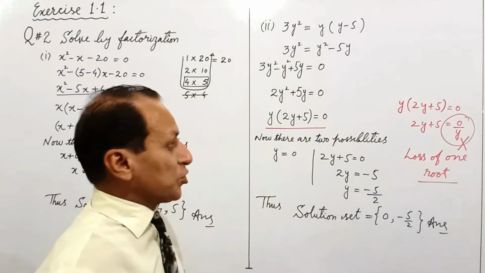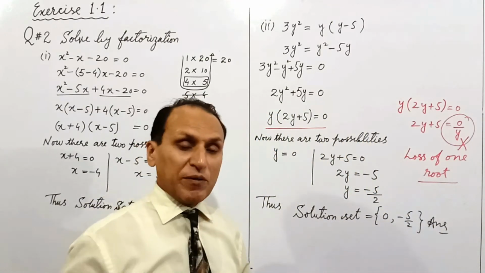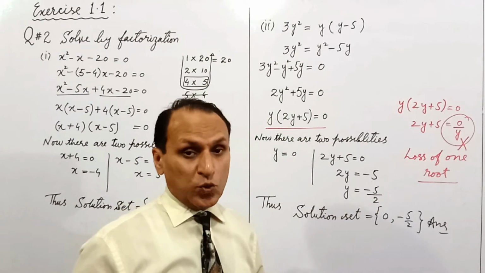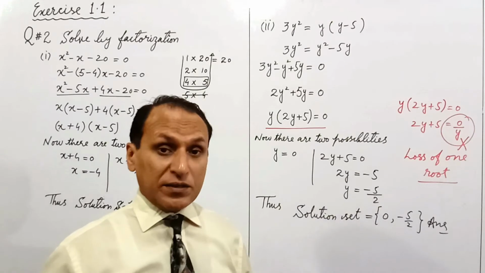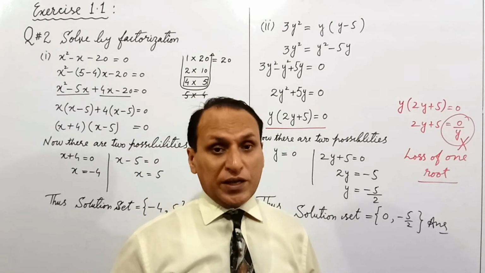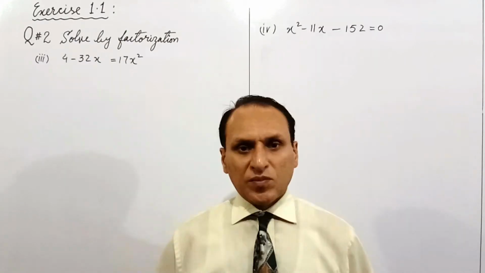That should not be done, because 0 divided by y is equal to 0, and hence you lose one root. And as we are dealing with quadratic equations, we learn that a quadratic equation has two roots.